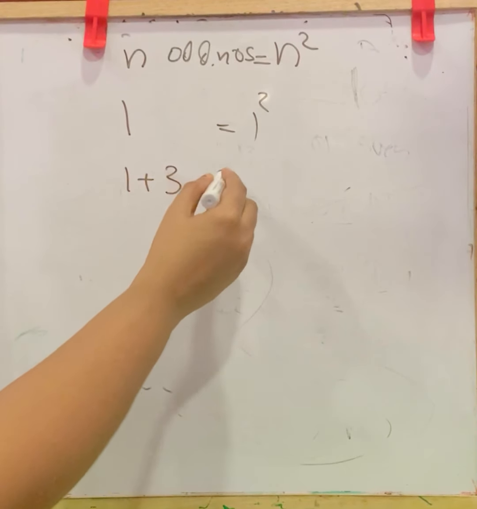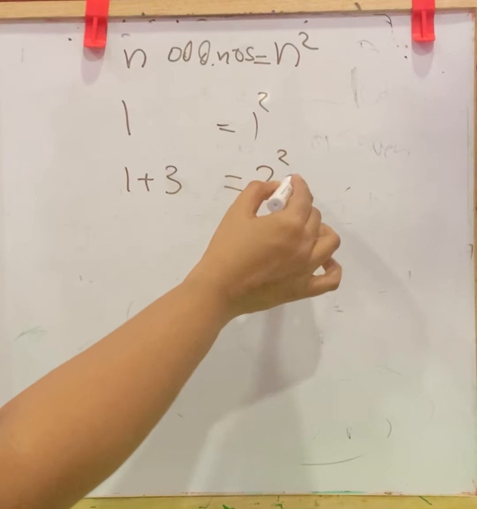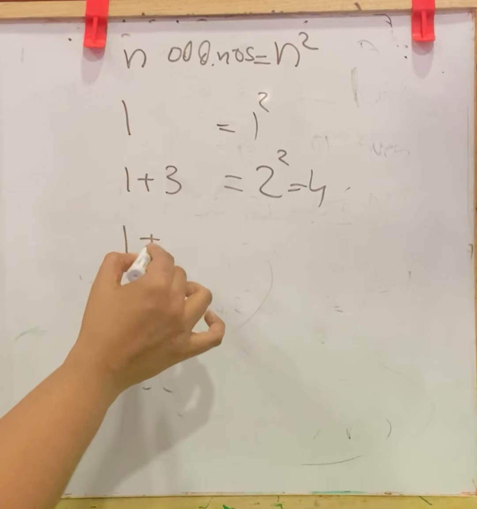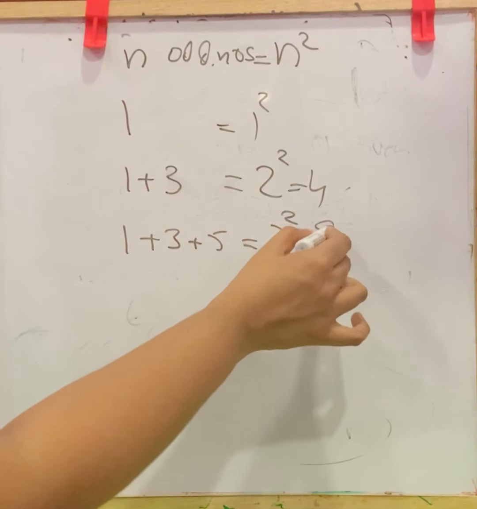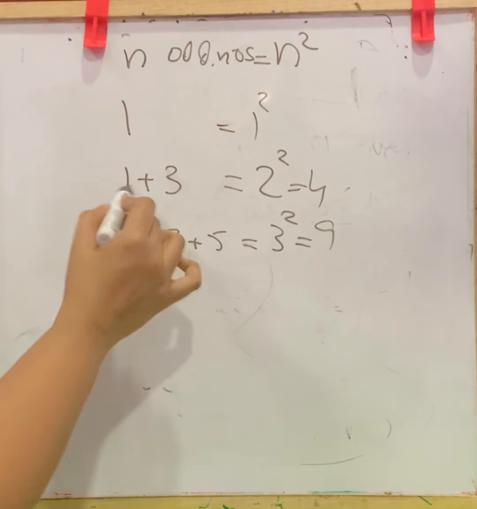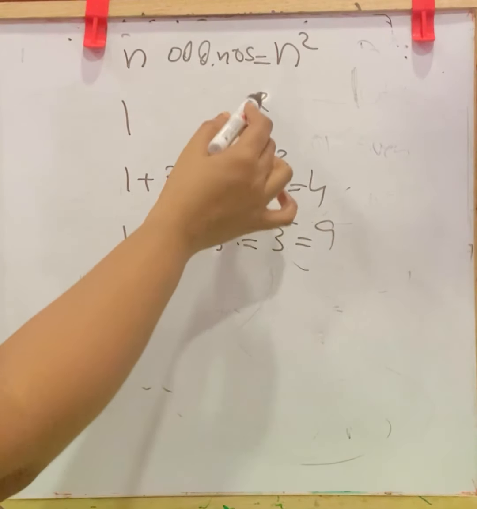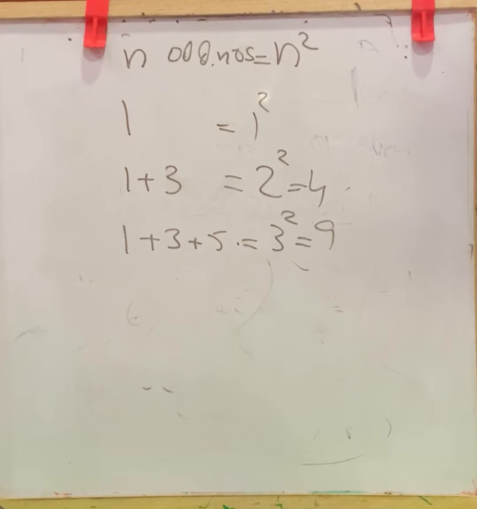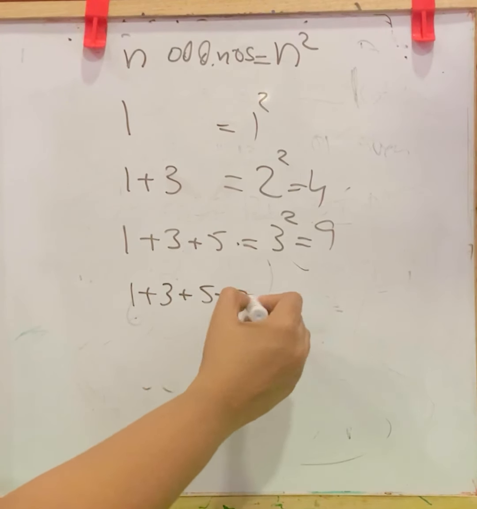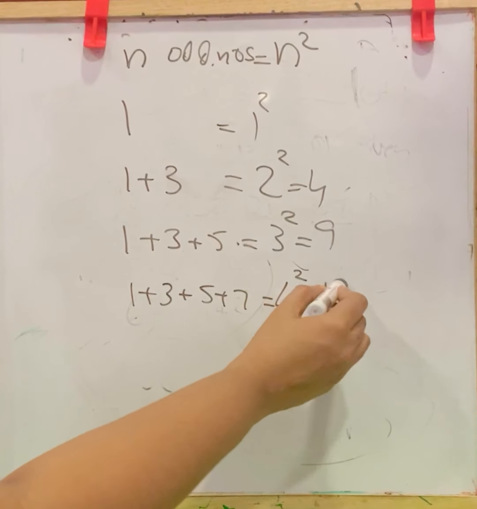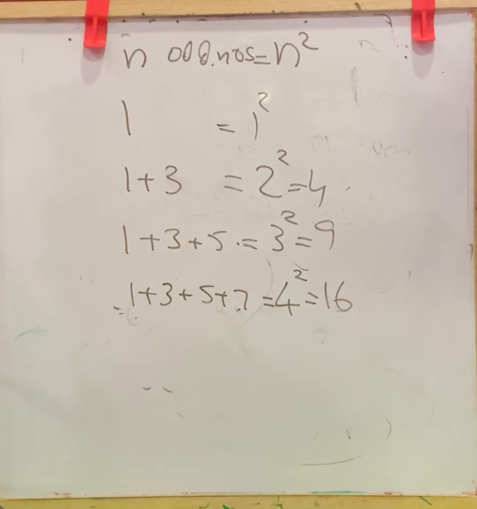If there are 2 odd numbers, then the result is 2 square, that is 4. If there are 3 odd numbers, then the result is 3 square, that is 9. So like that, if there are n odd numbers, we have n square as the result. Here if we have 4 odd numbers, then 4 square is the result, 16. Their sum will be 16.